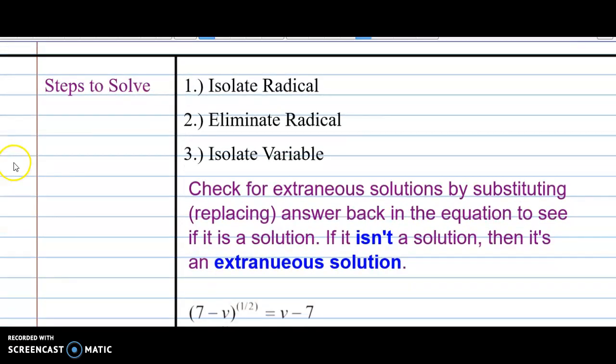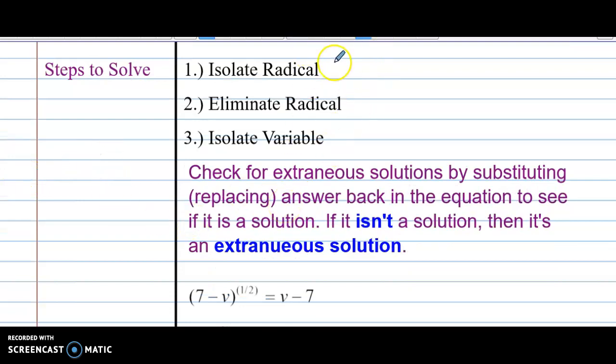Just to review, if I have x to the 1/2 power, remember that that is equal to the square root of x. Those mean the same thing.